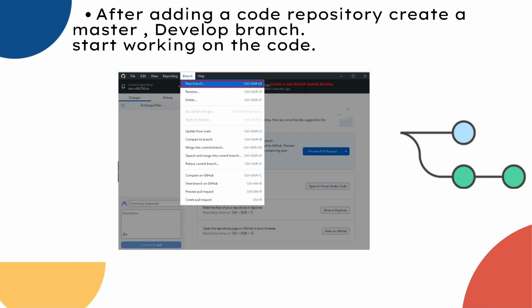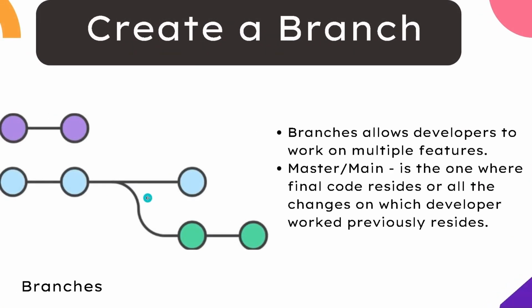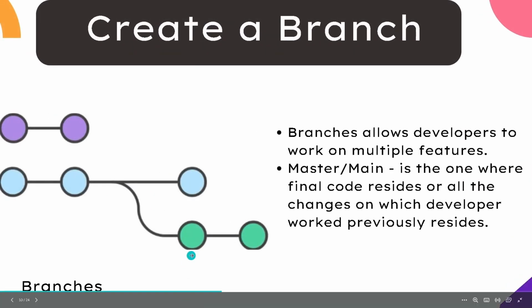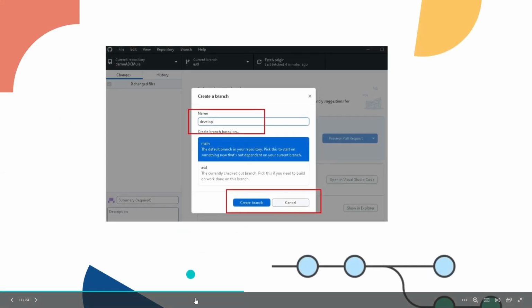So we should have dedicated branches belonging to a dedicated developer, on which that developer can push their code, and after that it will be pushed to the main branch, which is the final code. So we will see how to create a branch, and after that we will start working on making changes.